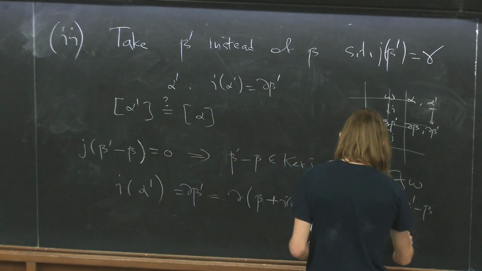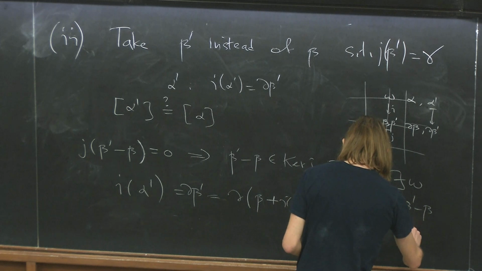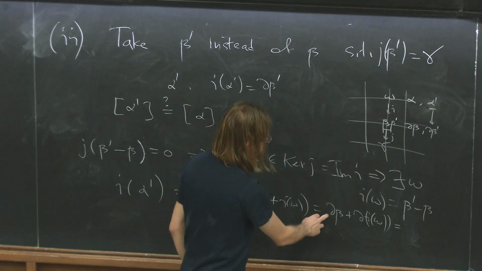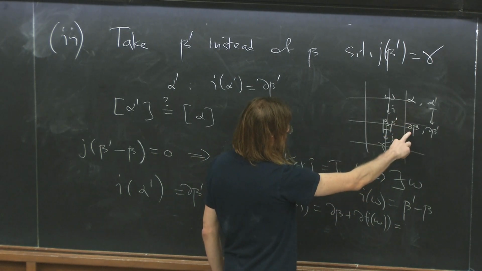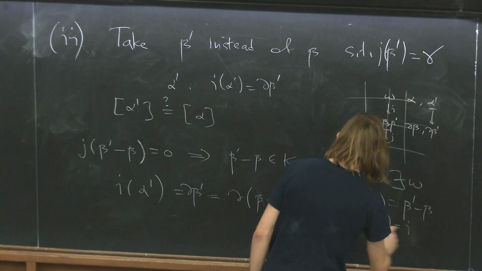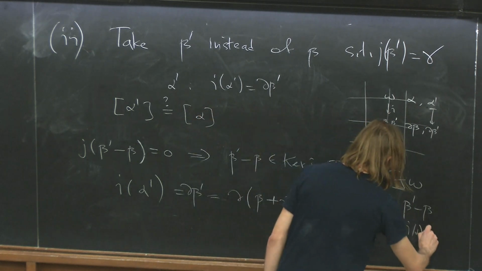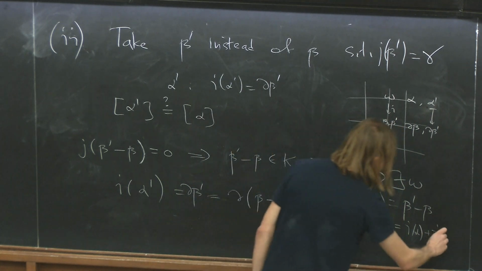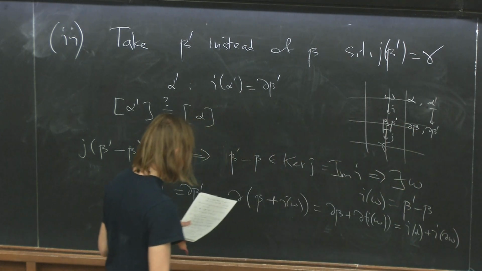So again, I is a chain map, so it commutes with d. And d of beta, we know it satisfies this equation, that it's the image of alpha. So the first term is I of alpha as before. And here we can permute d and I, so this is the same as I of d of omega.